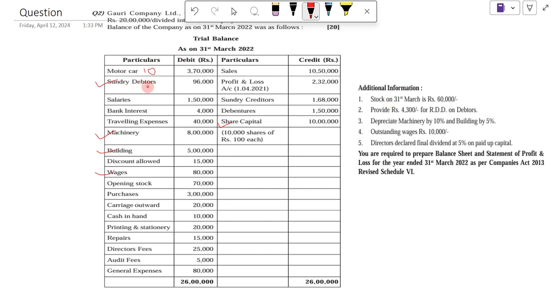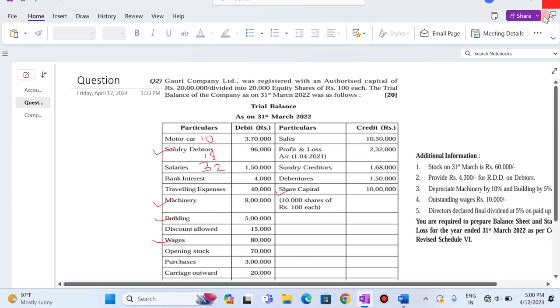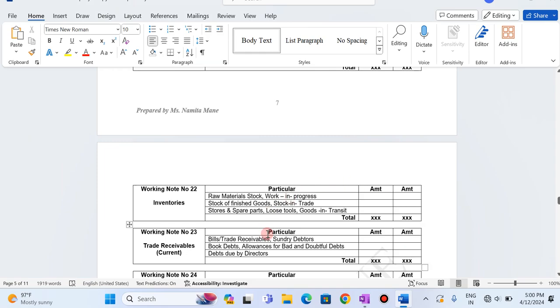Now sundry debtors will go in working note number 18. Salary, working note number 32. Why I am giving this working note number, because as per my notes I have given the title and the note number. That's why I am solving it according to my notes. You can refer to my previous lecture.